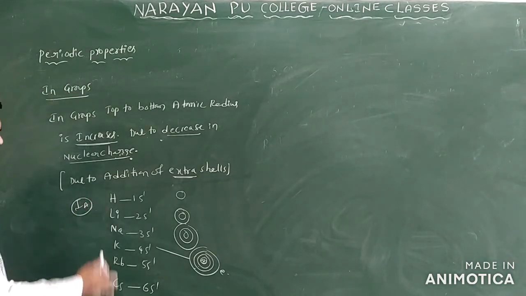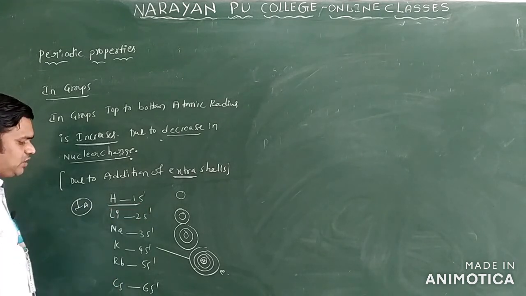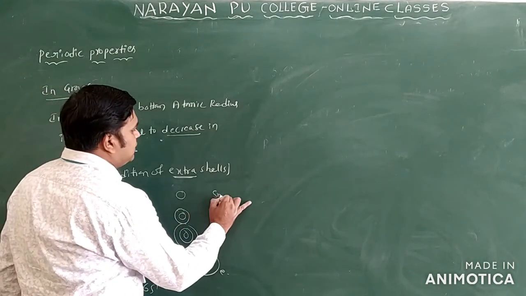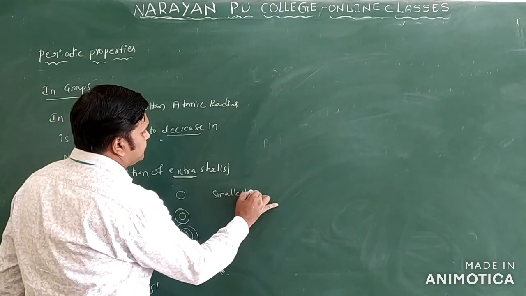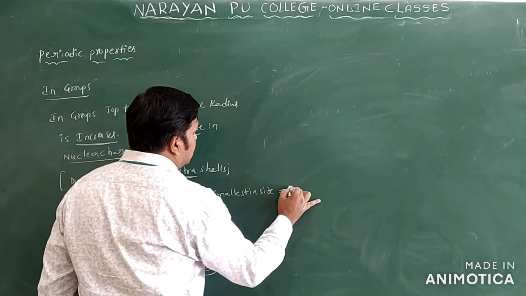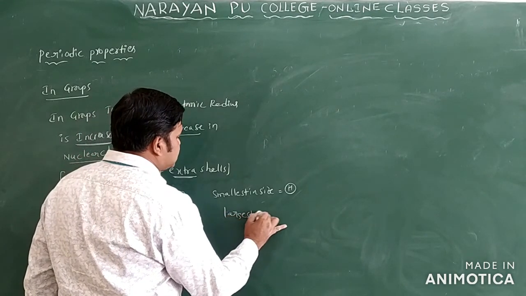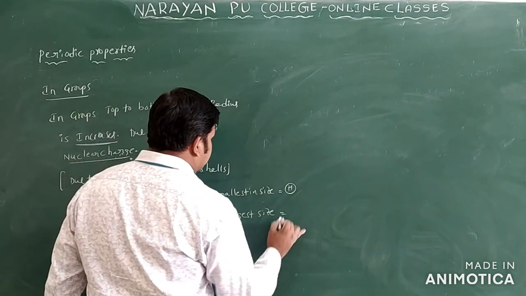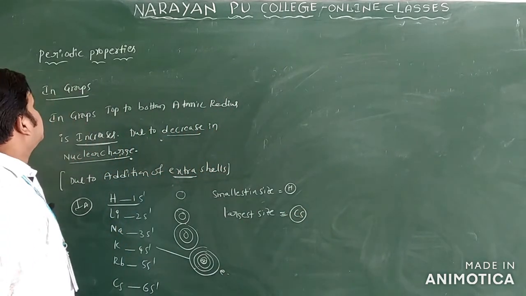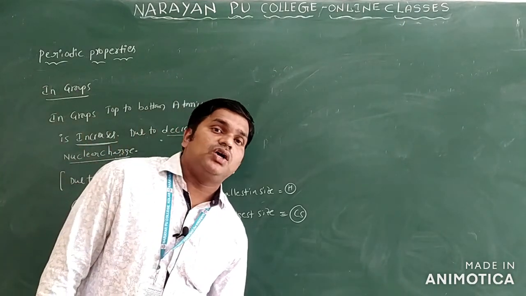Here you can see which one has the smallest size: hydrogen only, and the largest size is cesium only. So this is regarding the variation of atomic radius in groups only.